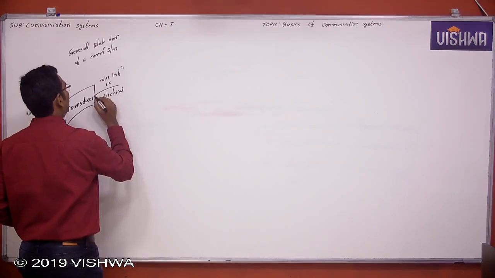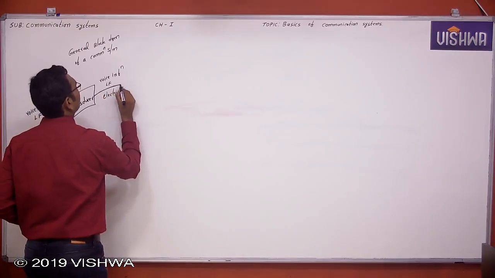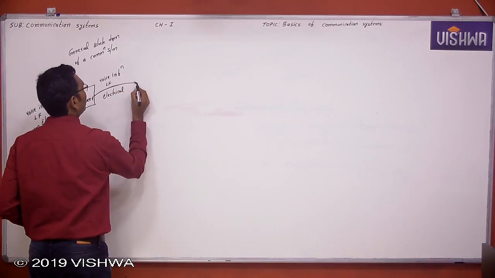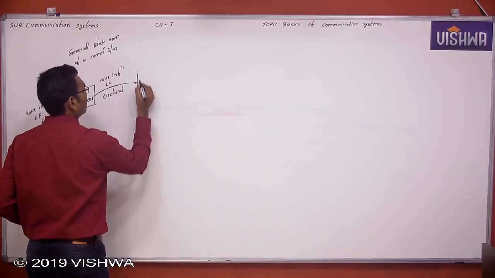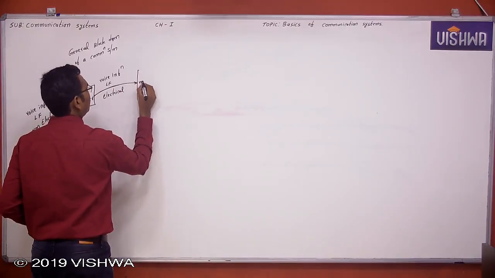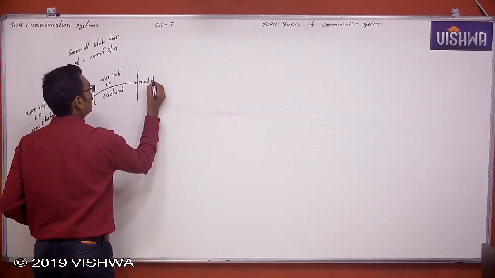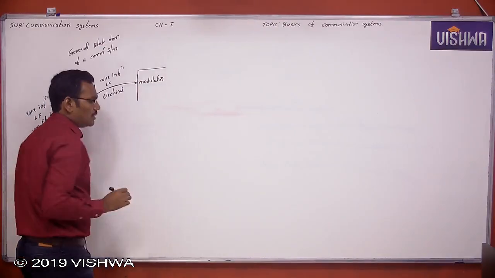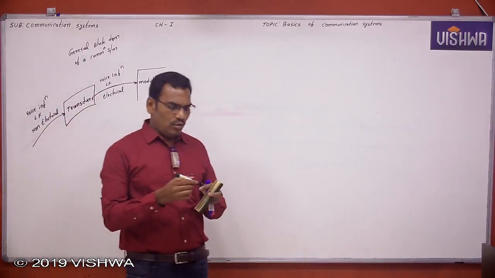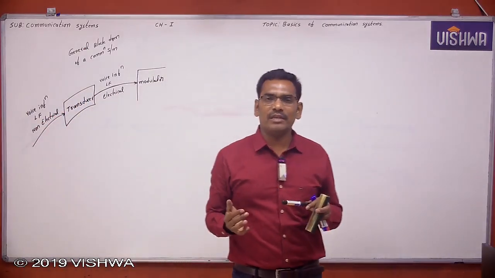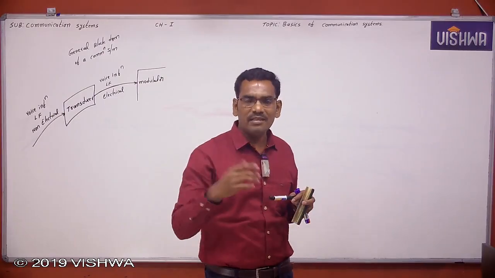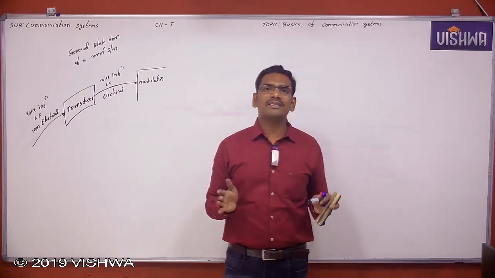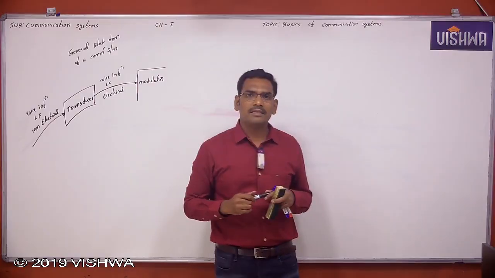So what should we do? We want to take the help of a modulator. See, you are the low frequency information. You cannot cross the bridge. The bridge is the distance between the transmitter and receiver.